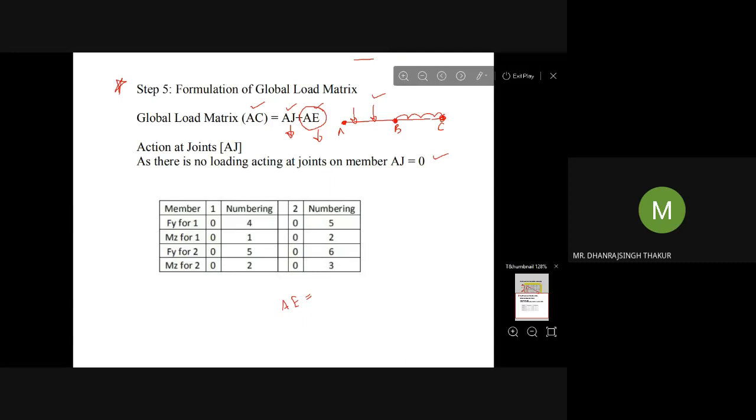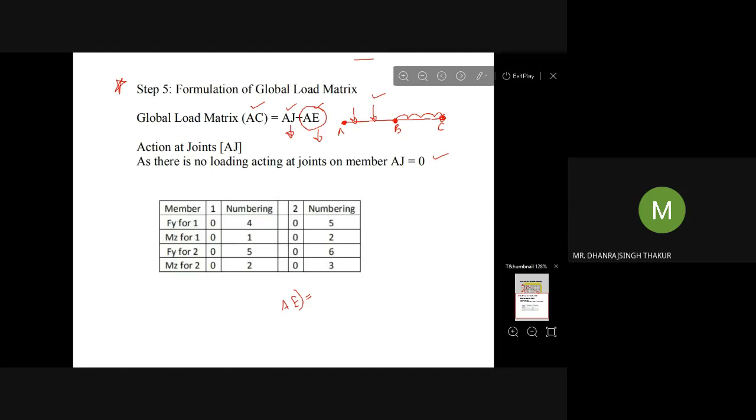Degree of freedom also we are calculating at the joints only. So whatever the member loading is there, you have to convert to the joint loading. Okay, and it is an equivalent matrix. Equivalent means there will be the actual load, but in the opposite direction.